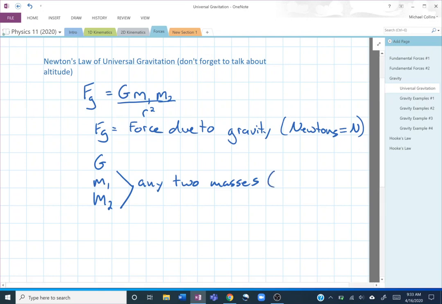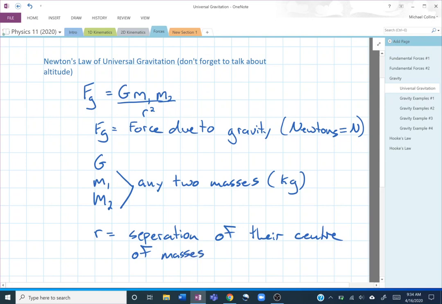Of course, masses are measured in kilograms, and r is the separation of their centers of mass. And this is where I'm going to come back and talk in a second about altitude.